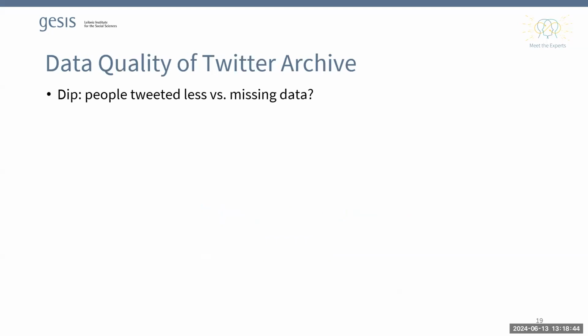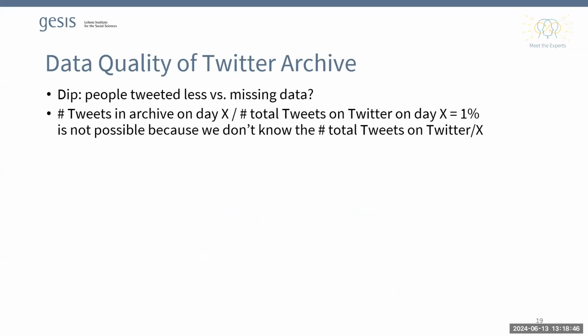Checking the data quality of this Twitter archive could actually be very easy if we just look at the numbers in our archive on a daily basis, for each day, and divide it by the total number of tweets that were posted on this day on Twitter. And if we have 1% of that, then we know we have collected all the data from this API.